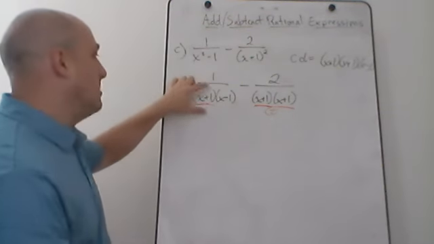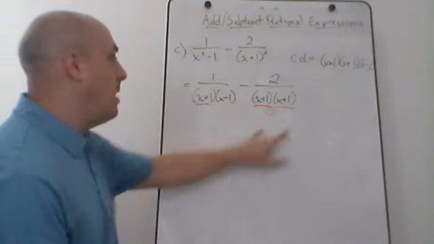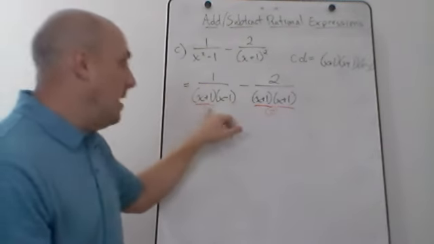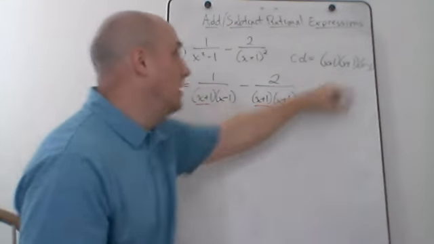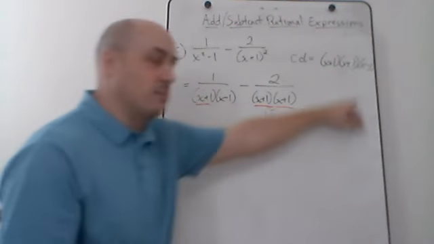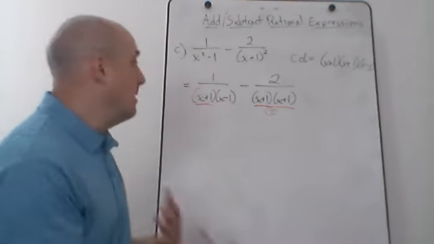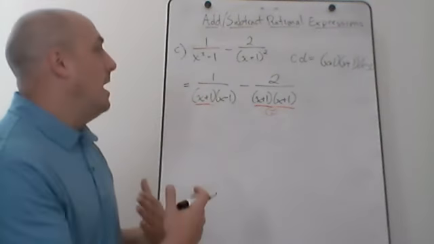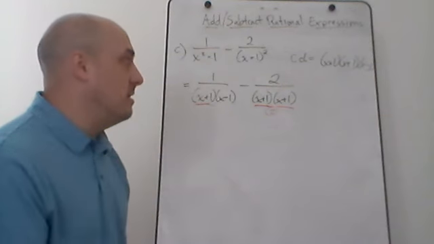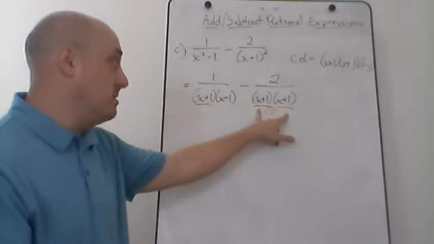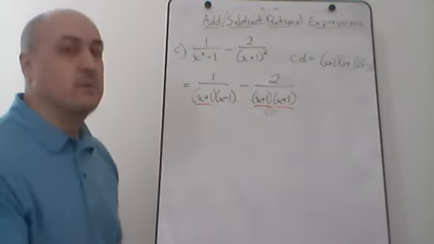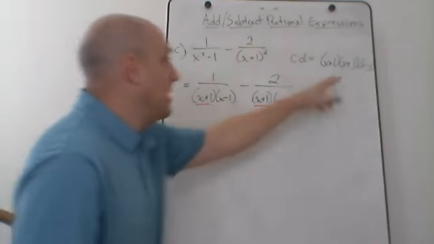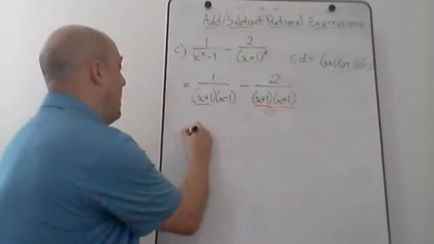It's almost like the x plus 1 that I have over here gets swallowed up by this double x plus 1 that I have on this side. So I take that double x plus 1, and then I take the x minus 1 that comes from this first fraction. Remember, our common denominator has to include all of the factors that we have in our denominators. So we have the 2 factors of x plus 1 times the factor of x minus 1.